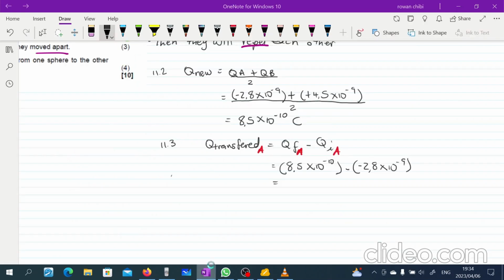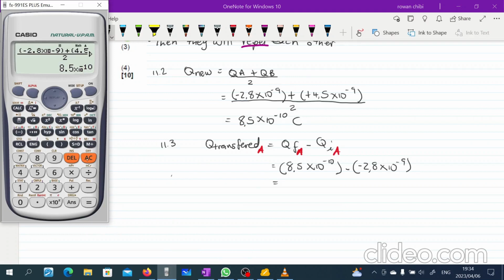So let's take the calculator now and punch this in and check. So we have 8,5 exponent negative 10, close the bracket, subtract negative 2,8 exponent negative 9, close bracket.